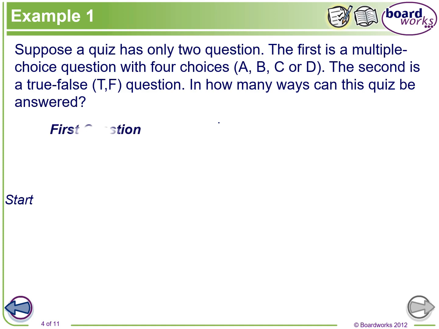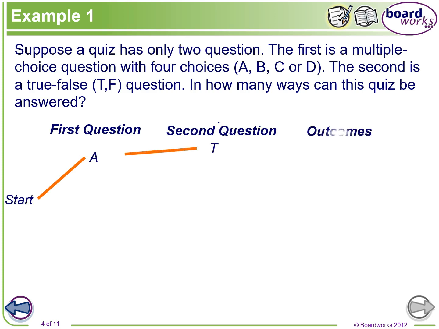So for the first question, it could be A, and the second question, the answer could be true. So the outcome could be A and true. It could be that the first question is A and the second question is false. So that's the second outcome.